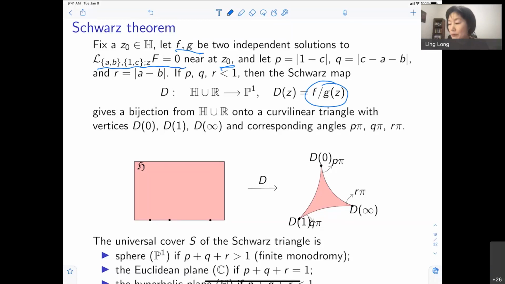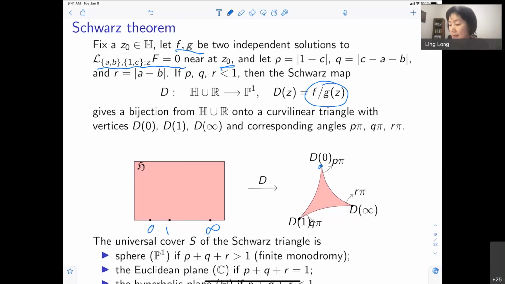The upper one will be mapped to a triangle. In particular, it sends the singularities 0, 1, and infinity to the images under the Schwarz map, D0, D1, and D infinity.